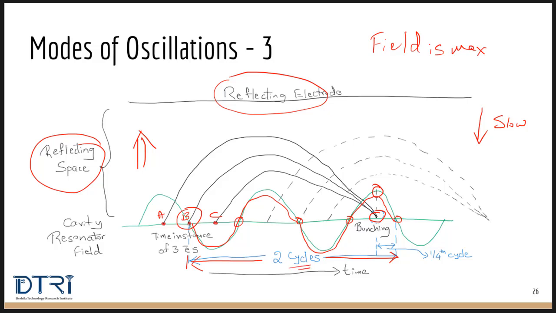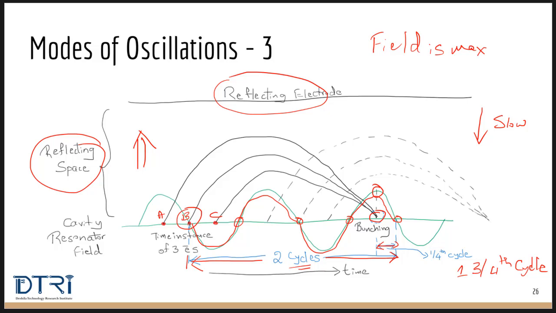We know that for the bunching to happen, the field has to be maximum. This point is also shown in the image. Now if you calculate this point, it is 1/4 cycle less than 2 cycles. So we can say that bunching happens at 1 3/4 of a cycle.